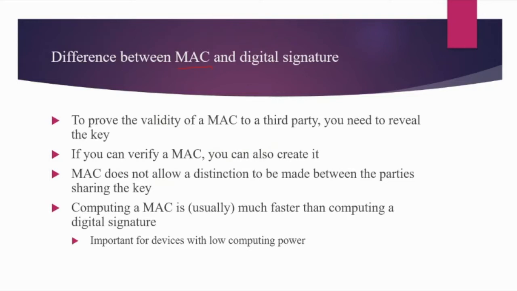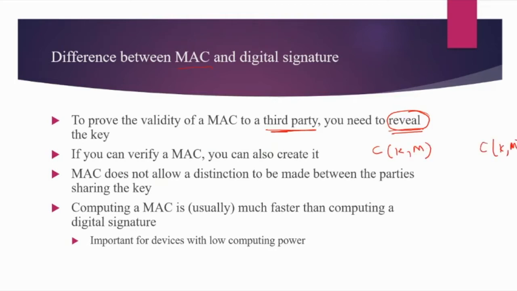Basically, when we involve a third party in between, suppose we are using a MAC as our digital signature, the problem is that if you have to prove the validity of the MAC to a third party, you need to reveal the key. Because if you remember, when we generate a MAC with respect to any message, the algorithm takes the key and the message, at both ends.